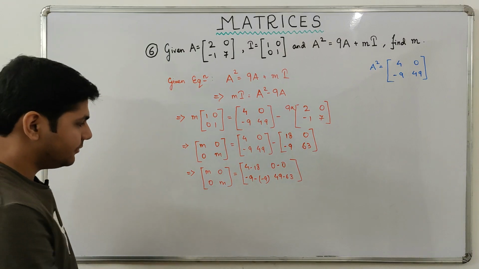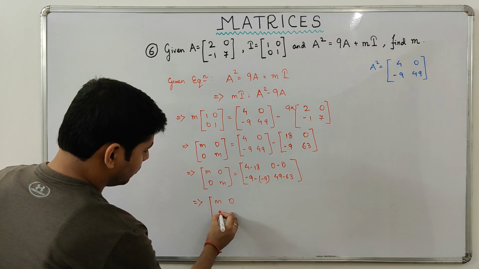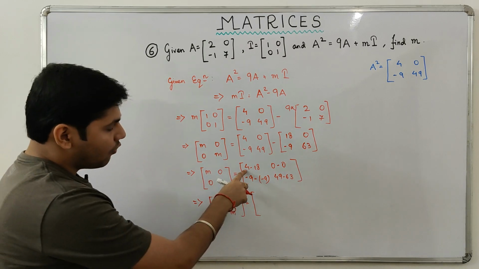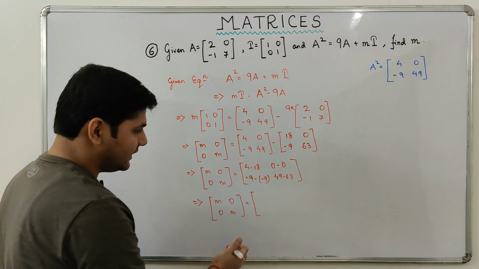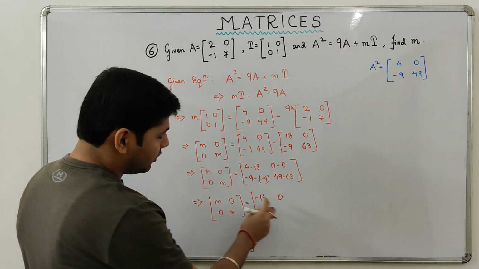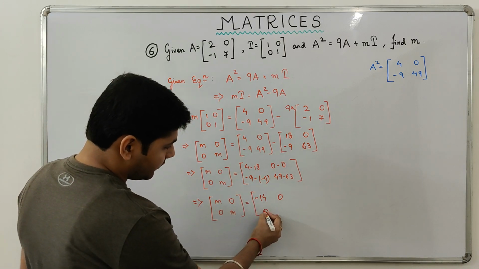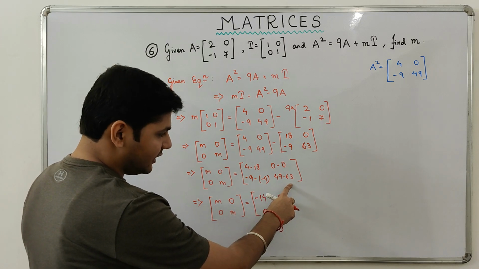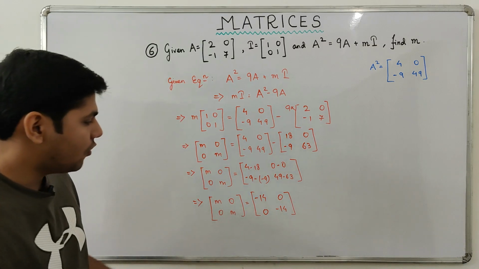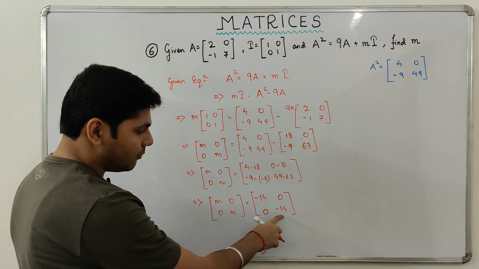So what we will get? 4 minus 18, that's minus 14. 0 minus 0, that's 0. Minus 9, minus of minus 9, that is minus 9 plus 9, which is 0. And 49 minus 63, that's minus 14. So what do we get? [M 0; 0 M] is equal to [-14 0; 0 -14].